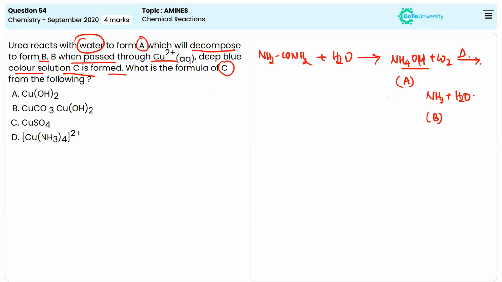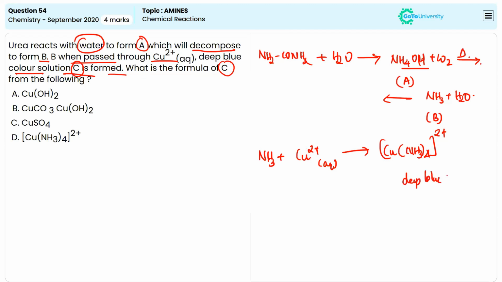Now this B again reacts with Cu2+ in aqueous solution. I will write the equation separately. NH3 reacts with aqueous Cu2+ ions in water. They will produce a complex. The complex will be [Cu(NH3)4]2+.